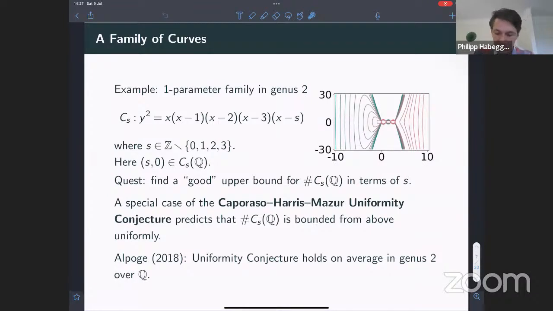Furthermore, the uniformity conjecture follows from Lang's conjecture on rational points in higher dimensional varieties that I talked about just a few minutes ago. So we're far from getting uniformity, but we can still ask what kind of upper bound we can get in terms of S as S runs over the integers that are allowed here.